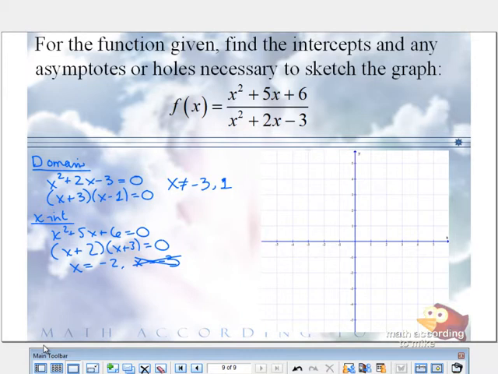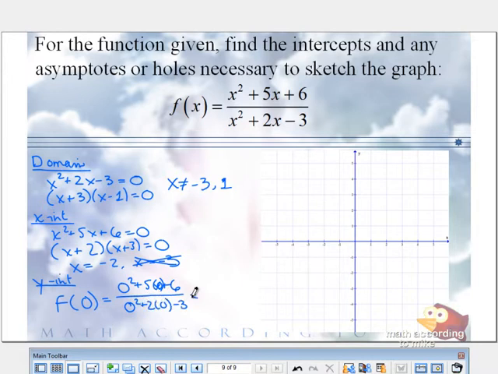Let's find the Y-intercept. How do you find the Y-intercept? Set x equal to 0. To find the Y-intercept, you put in 0 in for all of the x's. A lot of students just make the mistake of putting it only in the numerator. Oops, that should be a 0 there. You want to put it in for all of the x's.